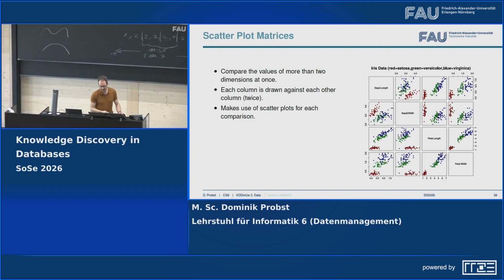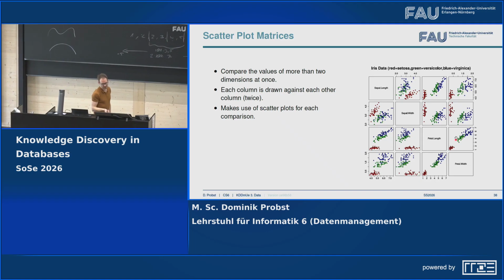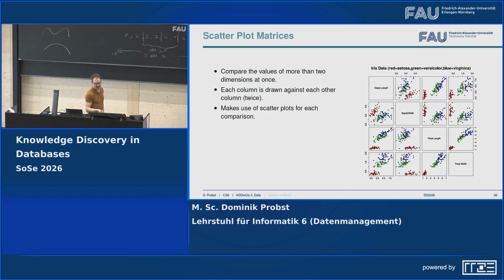You might also see that, of course, we have some duplicates in here. These two diagrams, for example, this diagram up here and this diagram down here, is just turned around. Because we are still comparing the same values against each other, just with turned around axes.